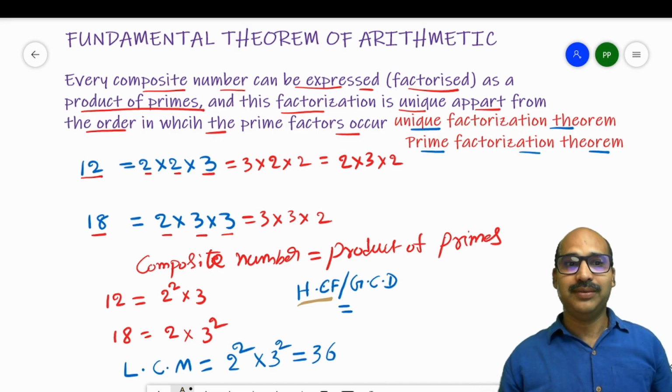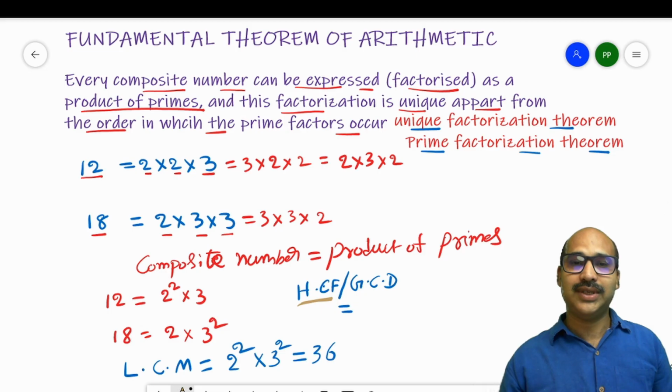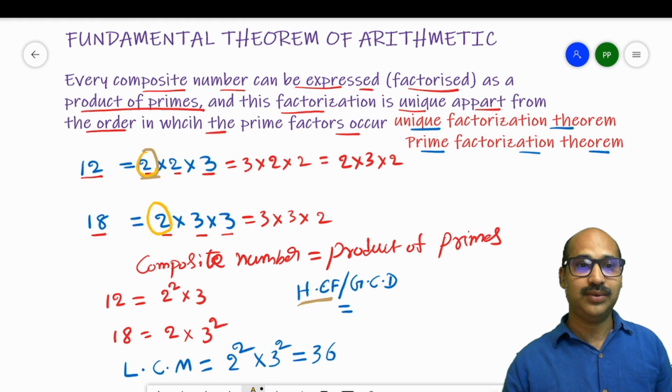So for the same numbers, 12 and 18, which should be common? Here 2 is there, and here also we have 2. Now here in 12 there is another 2, but in 18 we don't have it. Here 3 is there, and here also we have 3.